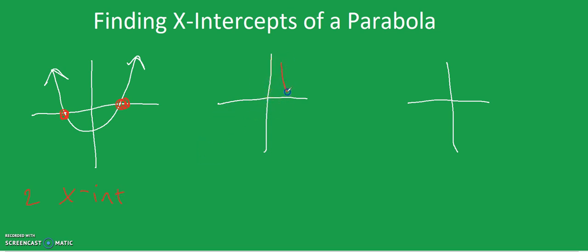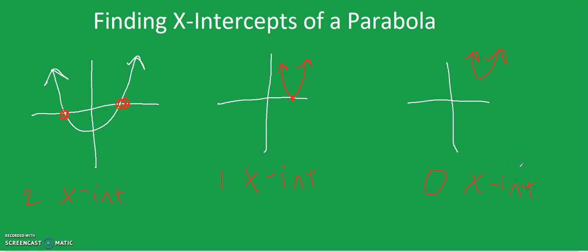In this one, I'm going to have one x-intercept. It's going to look something like that. Sorry, I said y-intercept, I meant x-intercept. And then over here, that's still a parabola, but it has 0 x-intercepts.